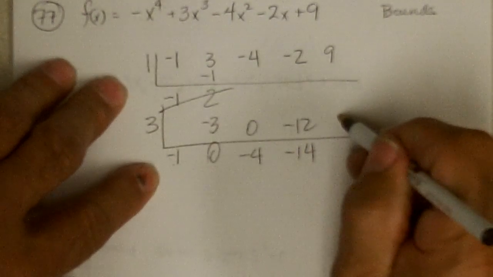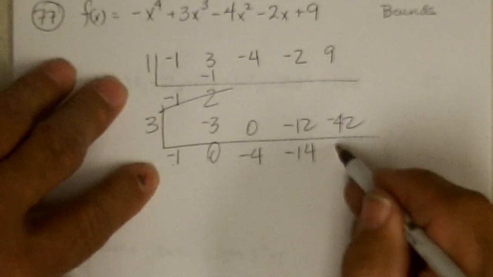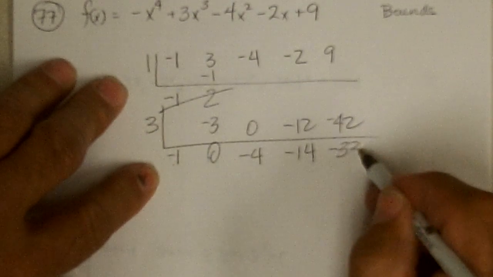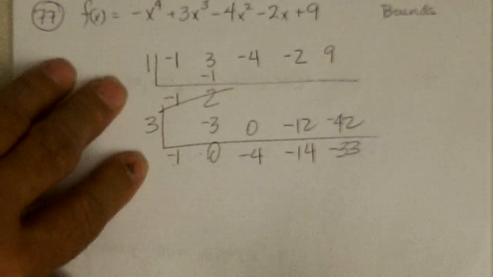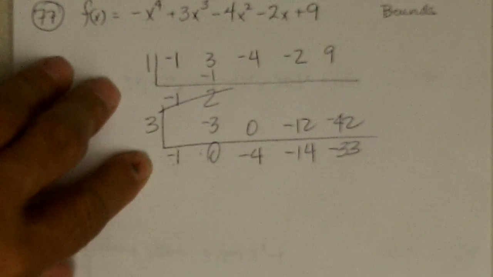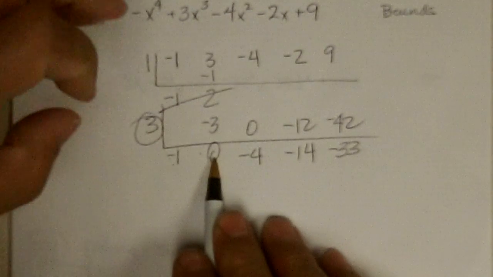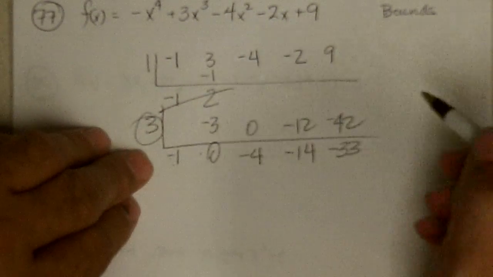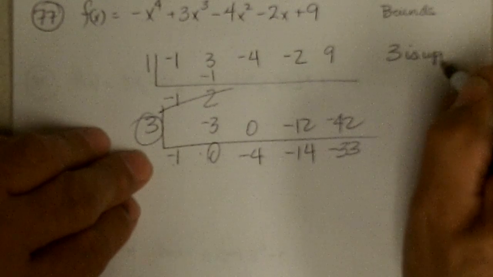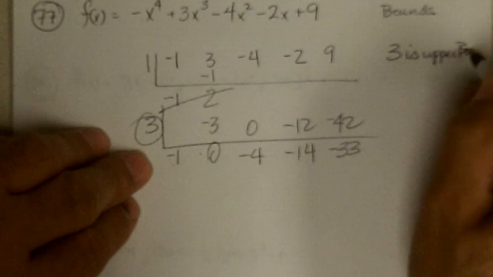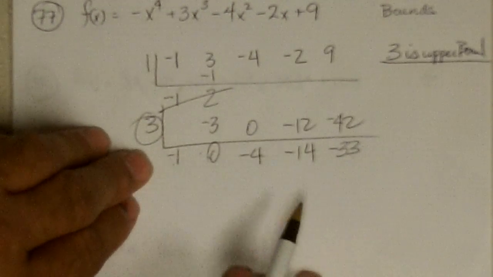That would be negative 42. So negative 33. No sign changes. Zeros don't count. So therefore at 3, and I have a 0 in it, that means we're right at the edge. 3 is the upper bound. That's how high I have to go to get no sign changes.